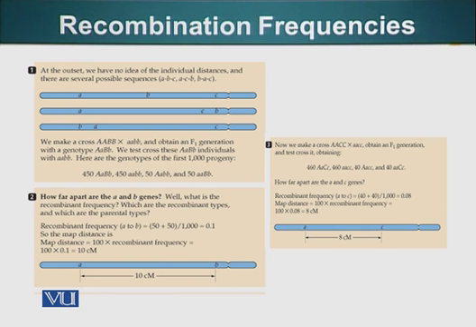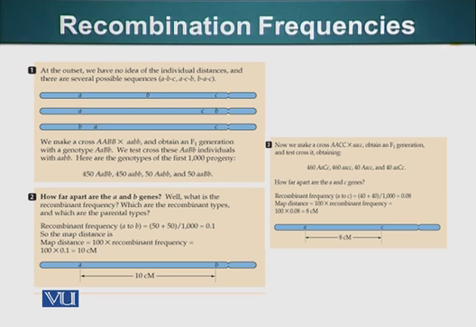Next we do an experiment looking at recombination frequencies between A and C. Here's the cross. These are the parents. We do this cross and we get the following data. We have 460 capital A, capital C and the other parent type, 460 small a, small c.